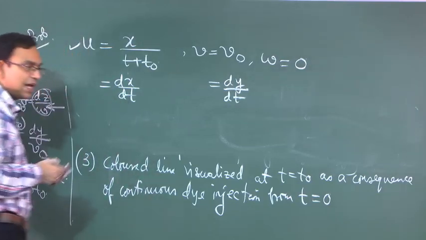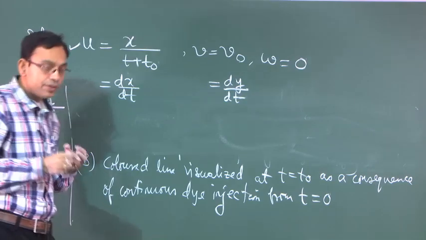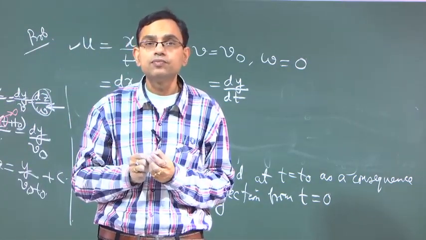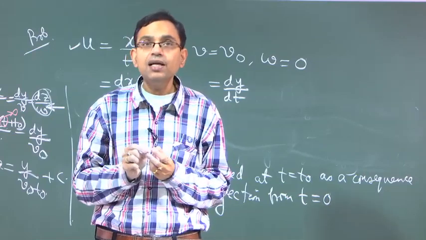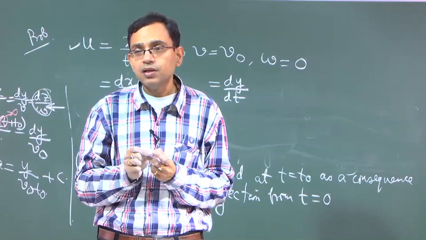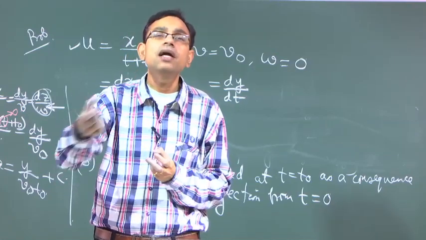For the path line, what you are fixing is the initial position x0 comma y0. For the streak line, the initial position is fixed, but the injection time is variable.